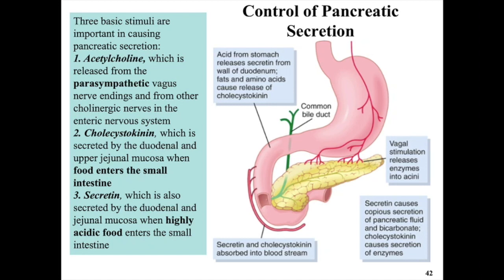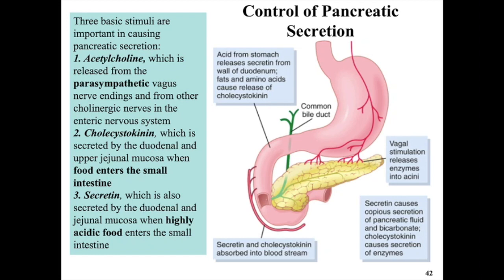So the CCK acts on the pancreas essentially to stimulate the secretion of enzymes. And it will act also on the gallbladder and on the sphincter of Oddi so that it relaxes, allowing more of the secretion that is stored in the gallbladder, that's called the bile.